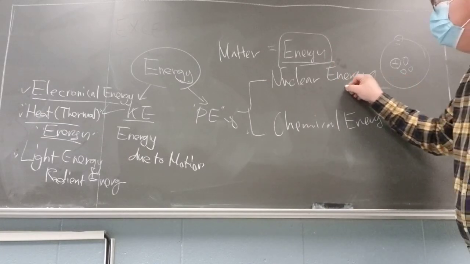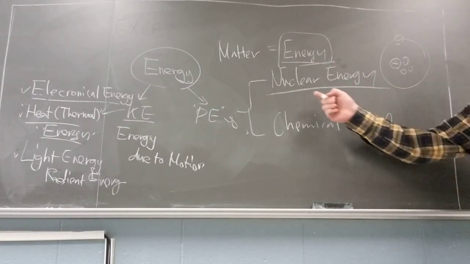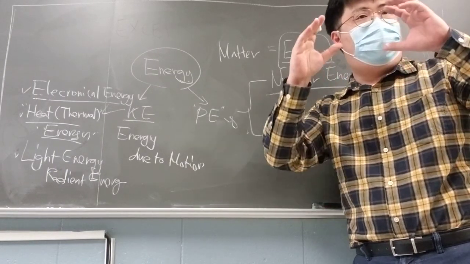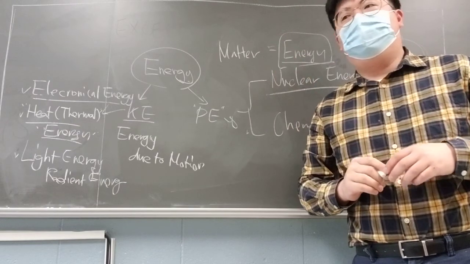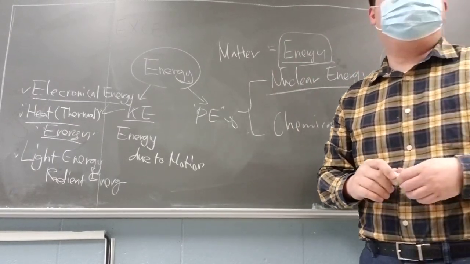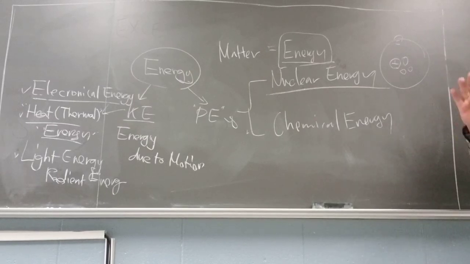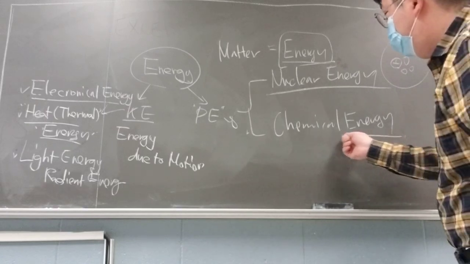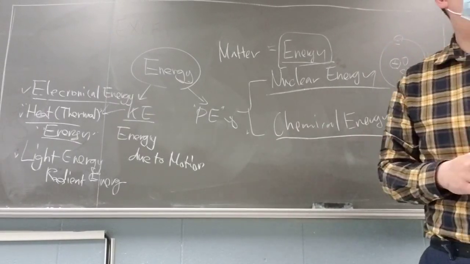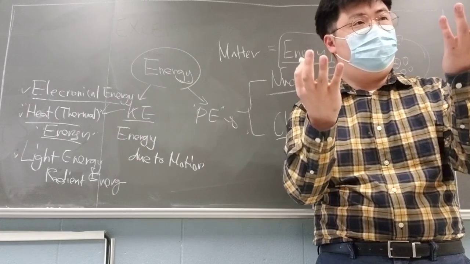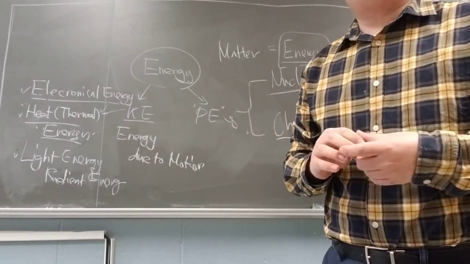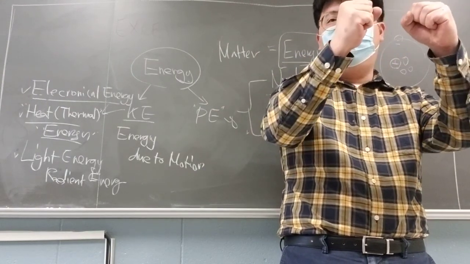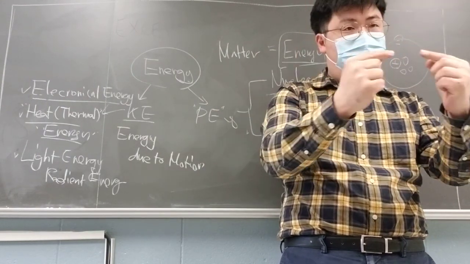But this is why it's potential energy, because it's caused by the position and how they manage the position of the things in the nucleus and even outside. Kind of makes sense, okay? Chemical energy is also this type of thing. Whenever you think about chemical bond formation, this is normally caused by either electrical force or the sharing of covalent electrons together.